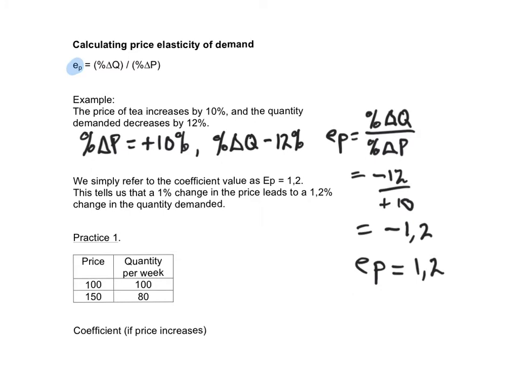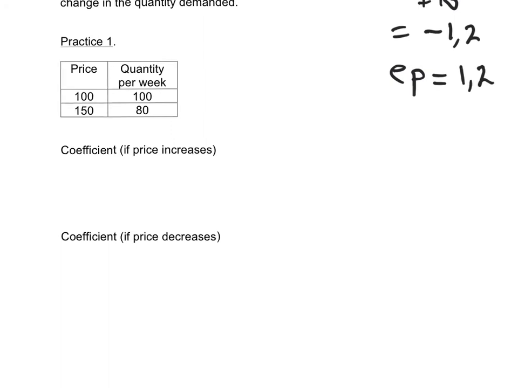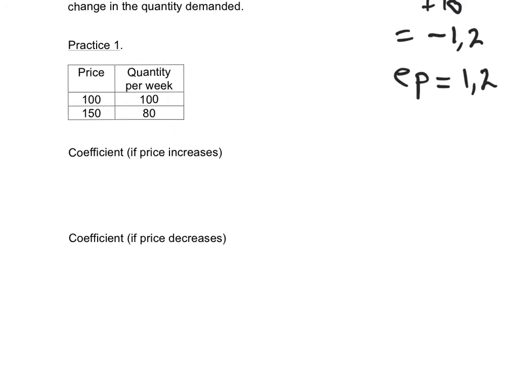Let's have some practice. For practice 1, we've got a product where initially the price is 100 Rand and the quantity per week is 100 units. The price changes to 150 Rand and the quantity demanded, in keeping with the law of demand, decreases to 80 units per week.